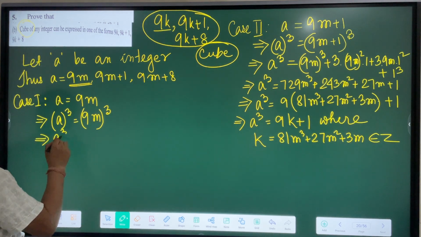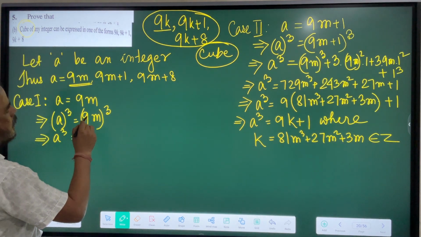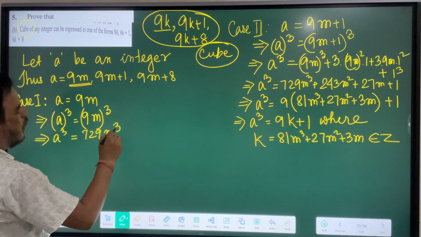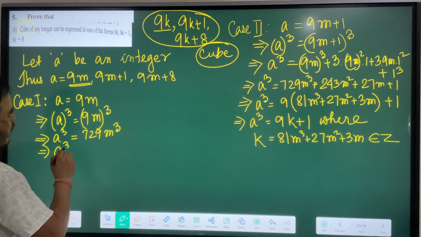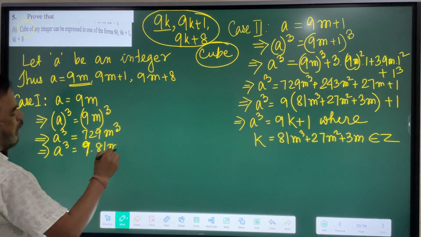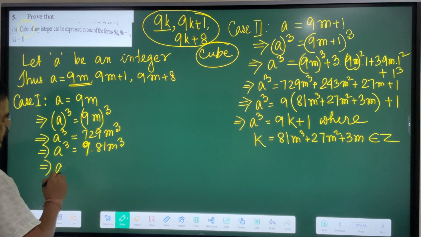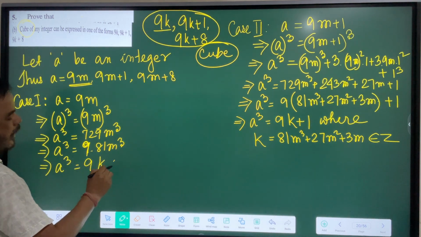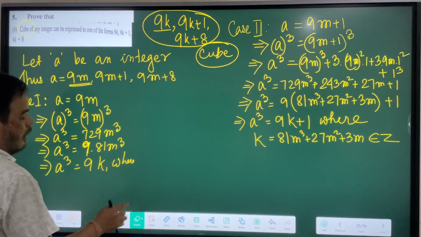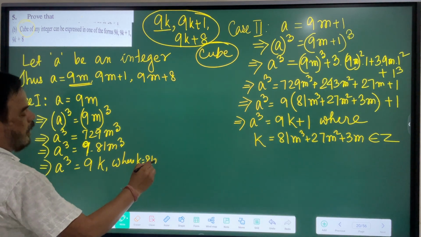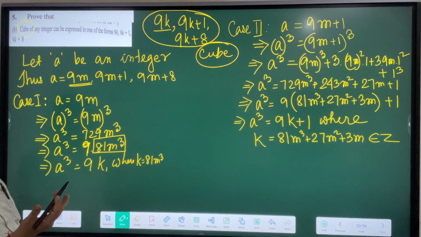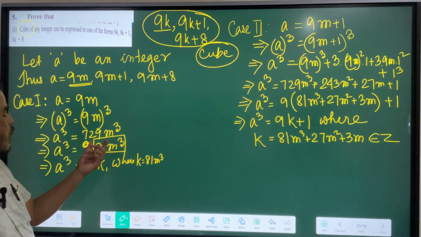So a cube equals 9 into 9 is 81, 81 into 9 is 729m cube. a cube is equal to 9 into 81m cube. So a cube is equal to 9k, where k is equal to 81m cube. 81m cube is an integer, so we have taken it as one integer.